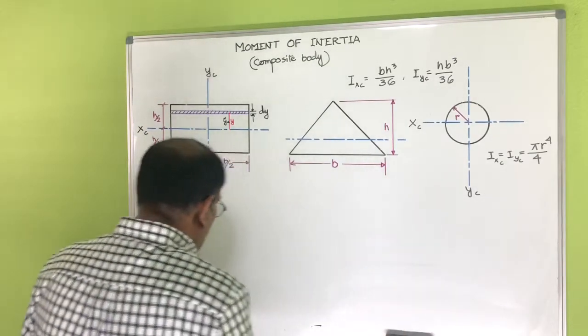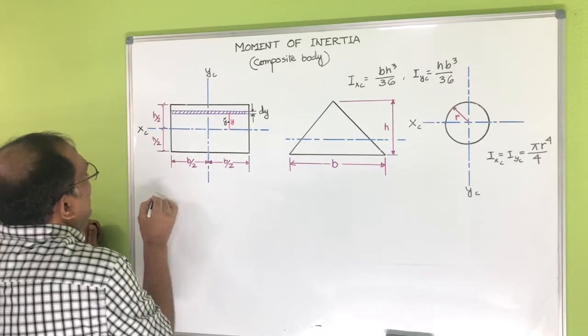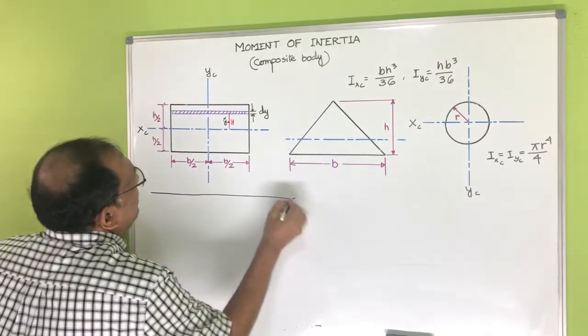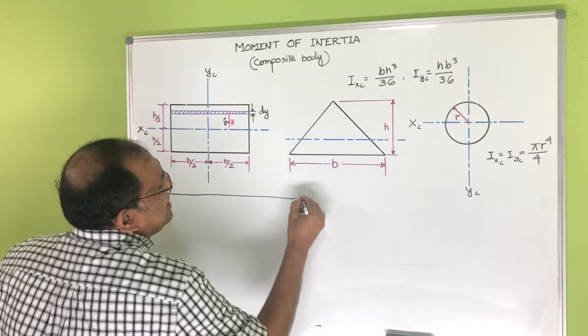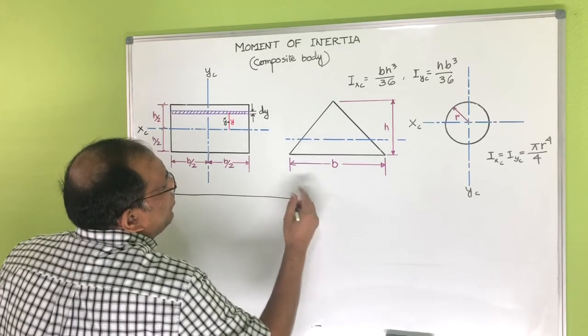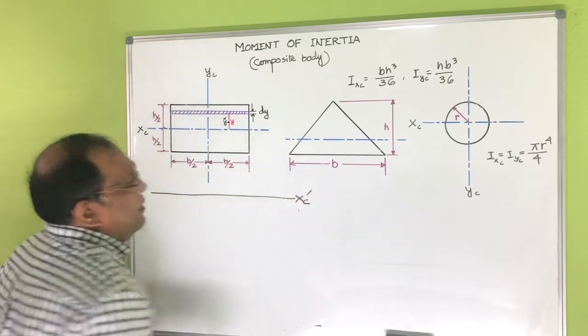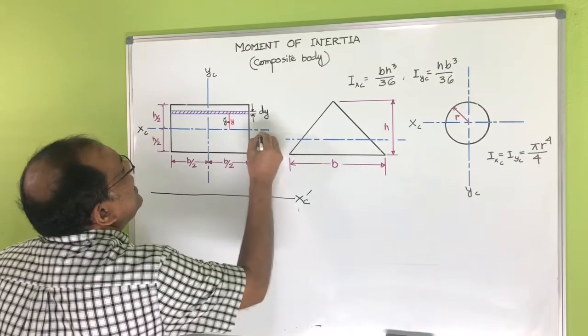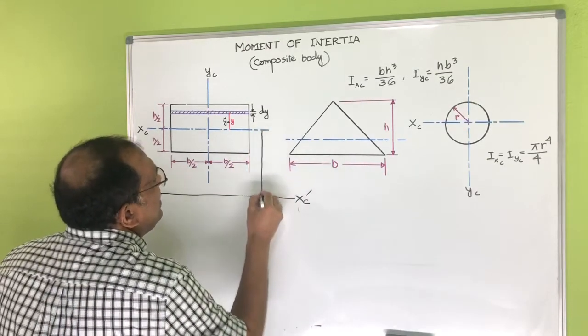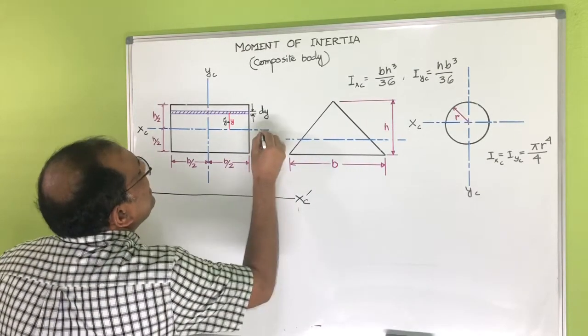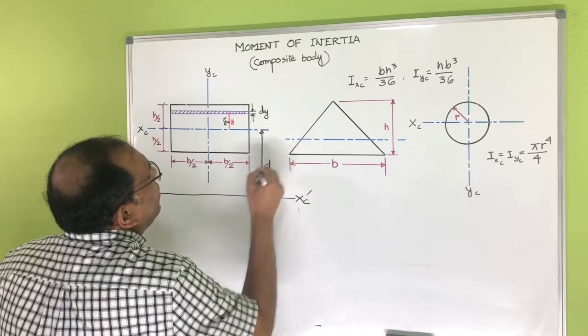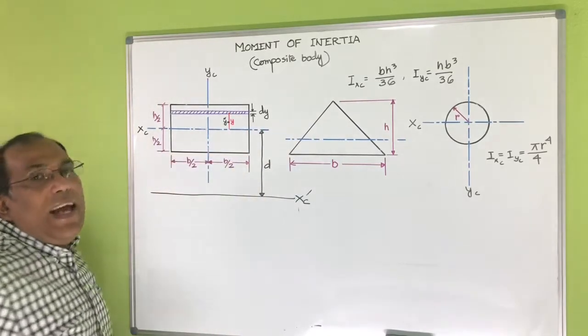Let's say I'm trying to find any parallel axis of xc, let's say xc prime, which is at a distance d from the centroidal axis.